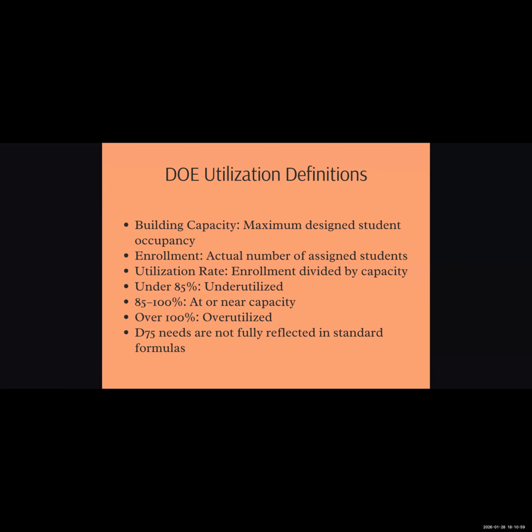DOE utilization and definitions. DOE uses utilization percentages to evaluate buildings. However, these formulas often fail to include special education service requirements, which can make buildings appear underutilized when they're not.